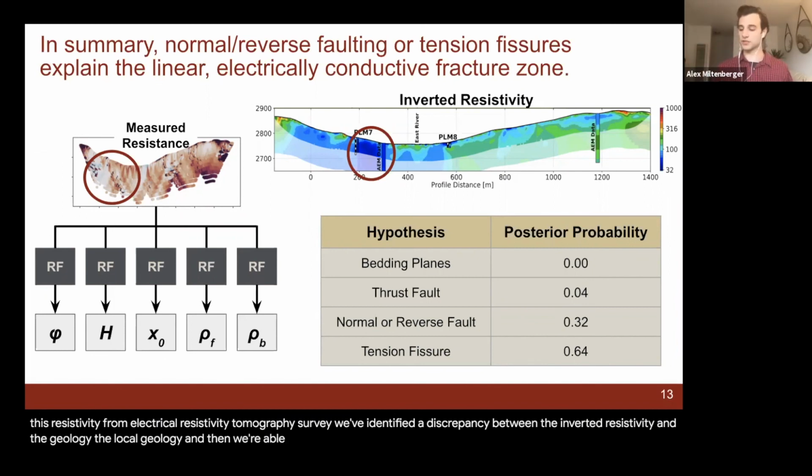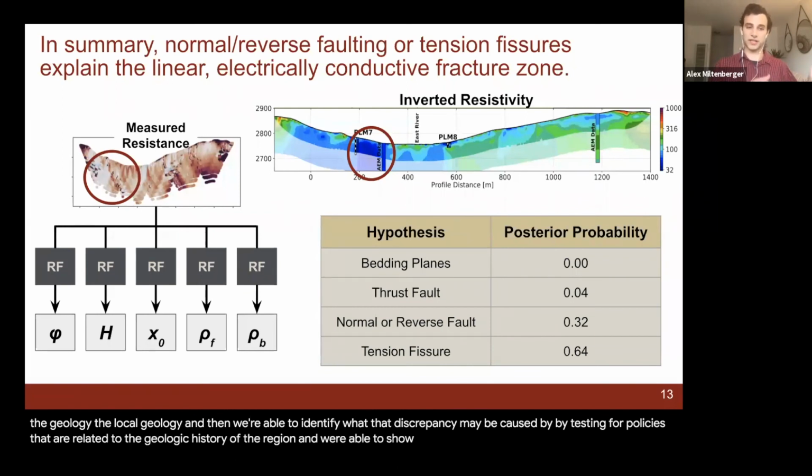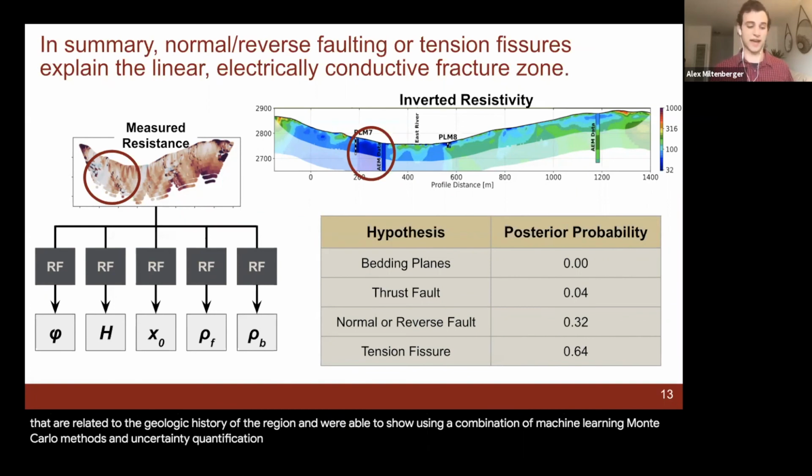And then we're able to identify what that discrepancy may be caused by, testing 4 hypotheses that are related to the geologic history of the region. And we're able to show, using a combination of machine learning, Monte Carlo methods, and uncertainty quantification, that the normal/reverse fault hypotheses and the tension fissure hypotheses are the most consistent with the geophysical data.